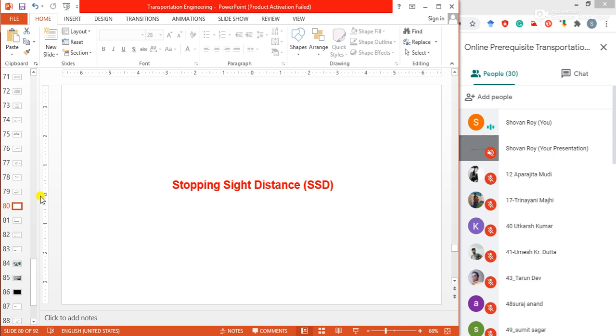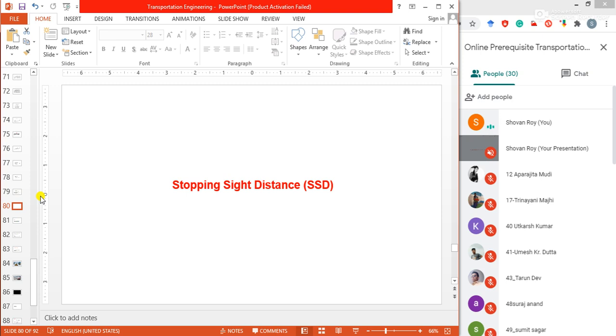But in practice, in a country like India, ISD is there, but no one obeys the ISD value. We always do overtaking. This is India. Obviously sight distance is there all over the world, OSD is there.